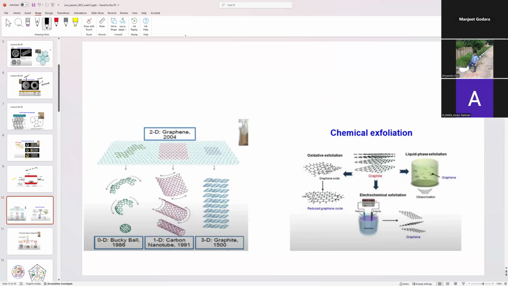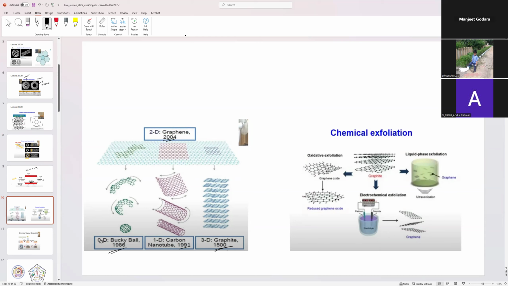Graphene is a relatively new discovery, 2004 only. So graphite was discovered very early, 1800 AD. Then we have 1986 when buckyballs were discovered. In 1991, you had carbon nanotubes discovered.